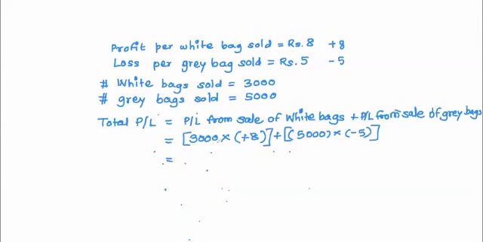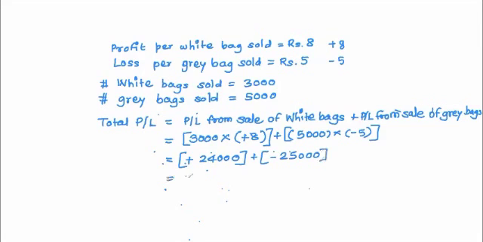So 3,000 multiplied by plus 8: we multiply the weights. 3,000 into 8 gives us 24,000. The sign is plus here, same sign gives positive sign. Plus 5,000, 5 weights multiplied gives us 25,000, and the sign is plus here, minus here, different signs gives a minus sign.